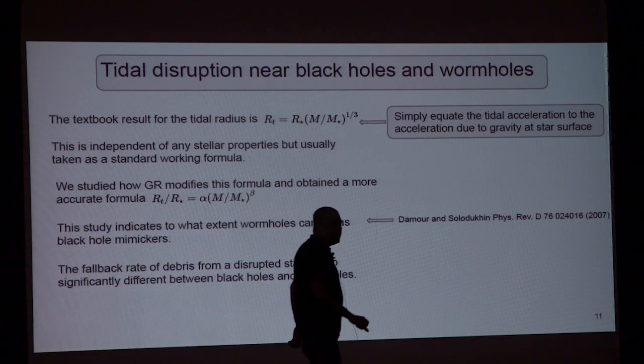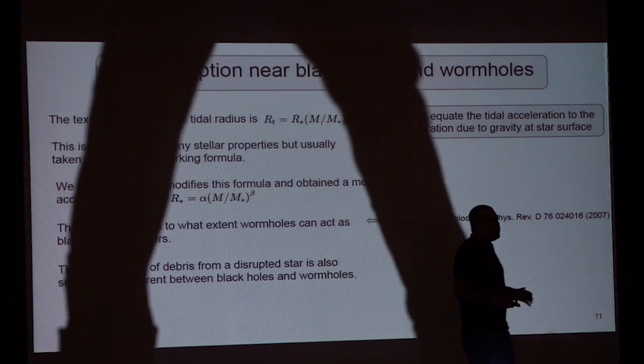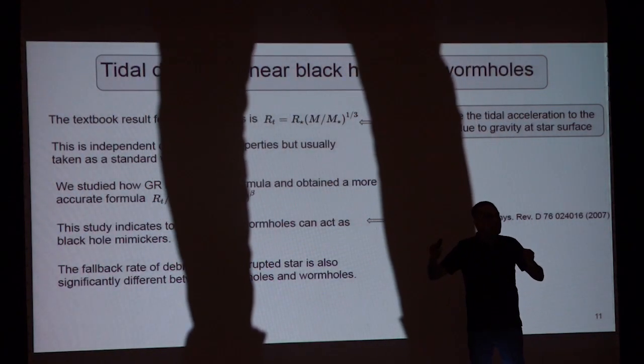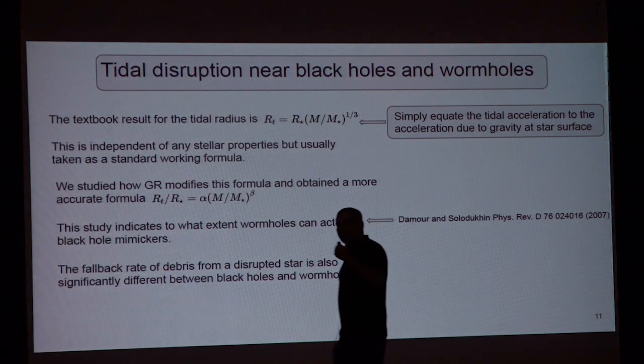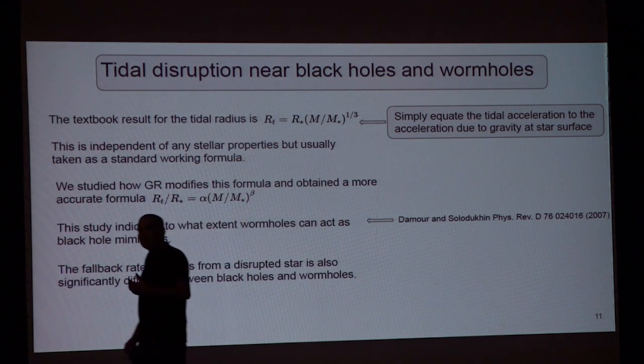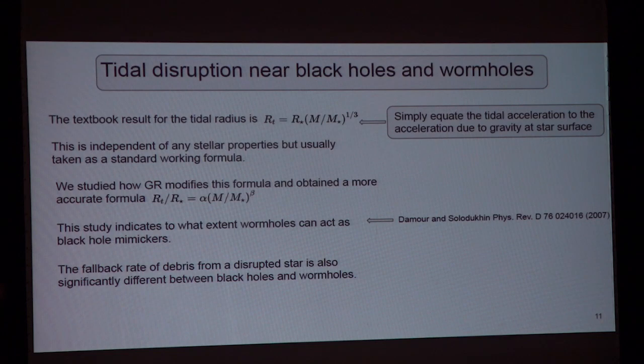So this 1/3 law is the Newtonian result, where the tidal acceleration on the surface goes as 1 over r cubed, and the acceleration due to gravity, which quantifies self gravity at the surface, is GM by r squared, r being the radius of the star.